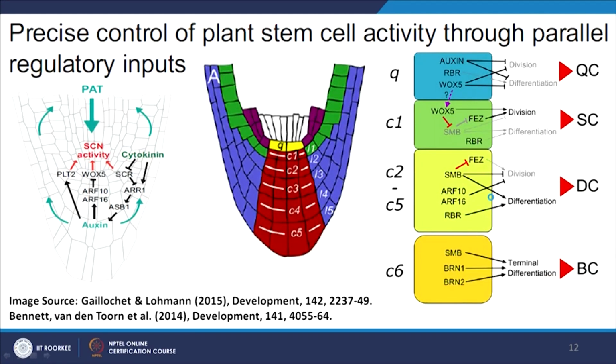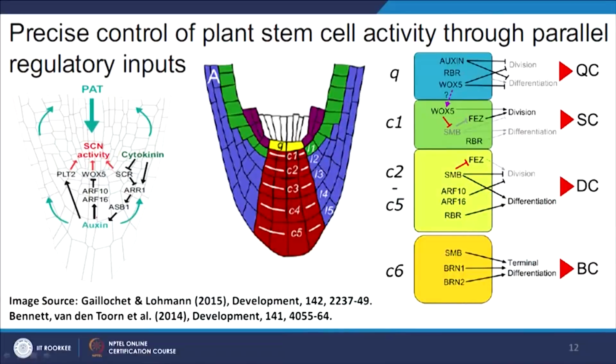So, if I combine everything together and look at the overall regulation of the transition between cell division and cell differentiation, auxin is regulating ARF10 and 16, and these are working through the WOX5 pathway to restrict or regulate the stem cell niche and allow a proper differentiation program.